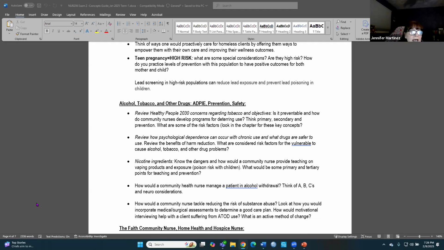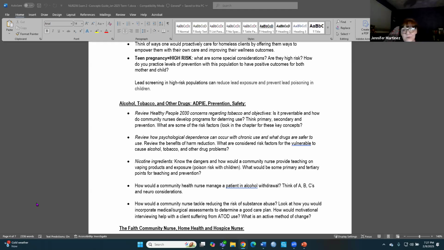And so when we look at the primary, the secondary, and the tertiary prevention for your alcohol and drug problems, primary is looking at promoting more healthy lifestyles, more resiliency. So how do we get people, because the best way to prevent smoking is to not have them start, I guess would be a good way to say it, right?